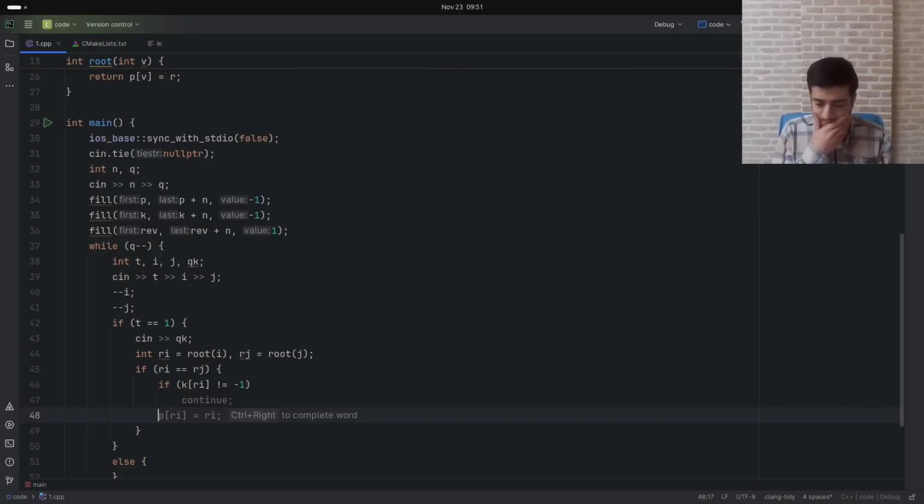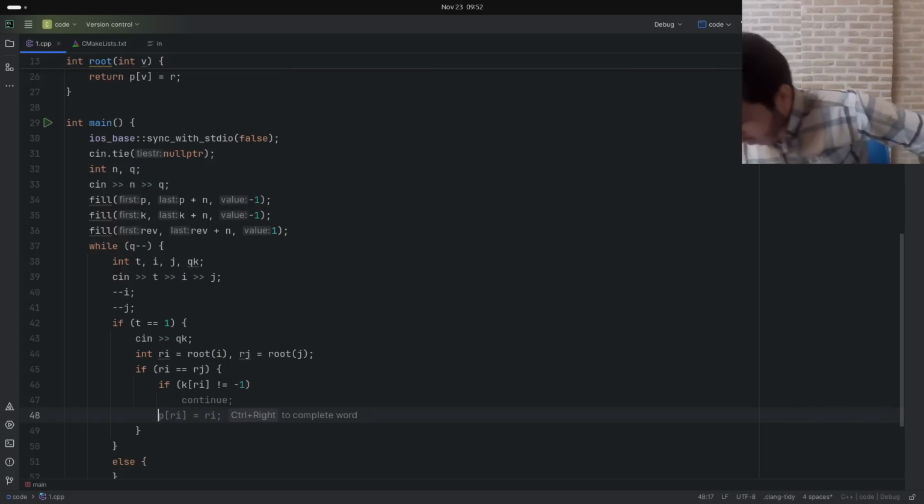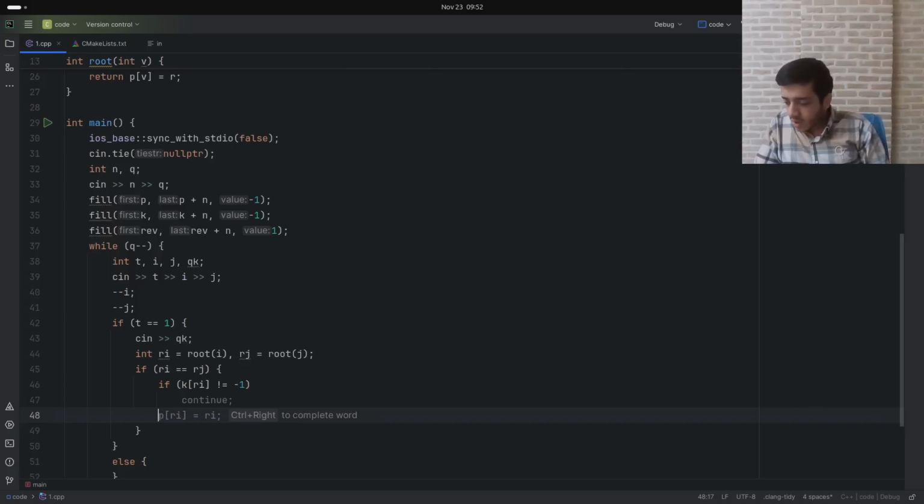So let me write it. There is a corner case, so I'm thinking of something.